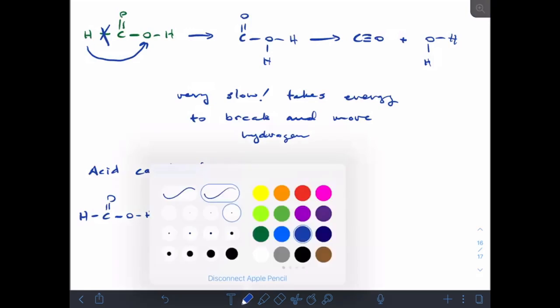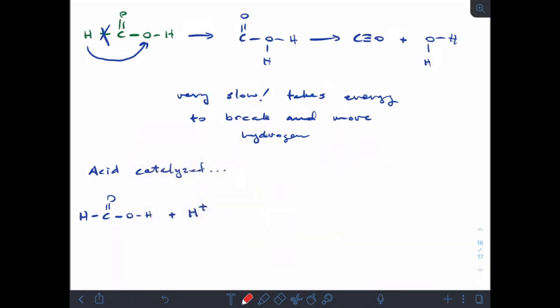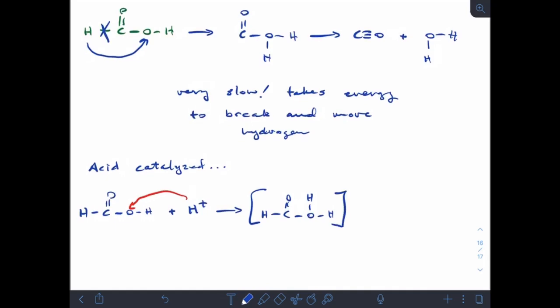Okay, so what's going to happen here is that hydrogen ion is going to do what the original hydrogen did, but without having to break that bond. So what we have is an intermediate. And I will not expect you all to be able to draw out this reaction mechanism. This is just an example of how a catalyst can be used.